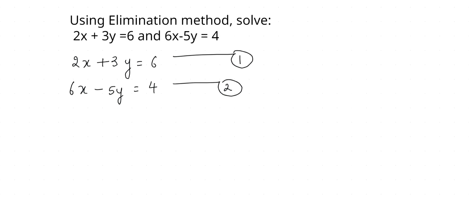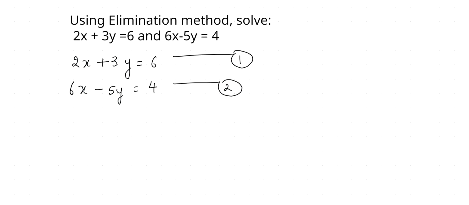Okay. And if you want to eliminate y, the same thing. You have to ensure that across both the equations, the coefficients of y are the same. So whichever variable you want to eliminate, see to it that its coefficients are identical across both the equations.